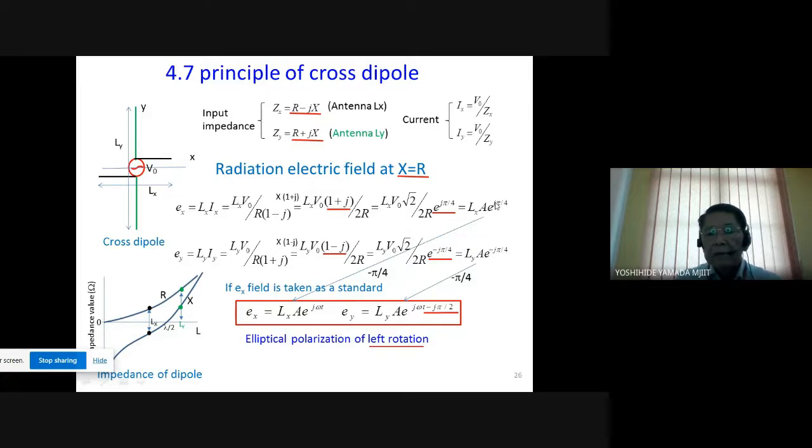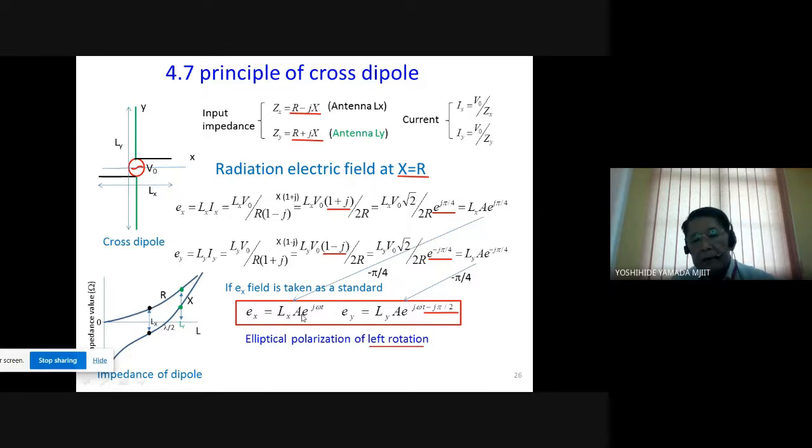So if this is taken as a reference, then the phase is 0. The other phase is shifted by minus pi divided by 4, so this should be added minus pi divided by 4. This becomes half pi, and this phase becomes zero.